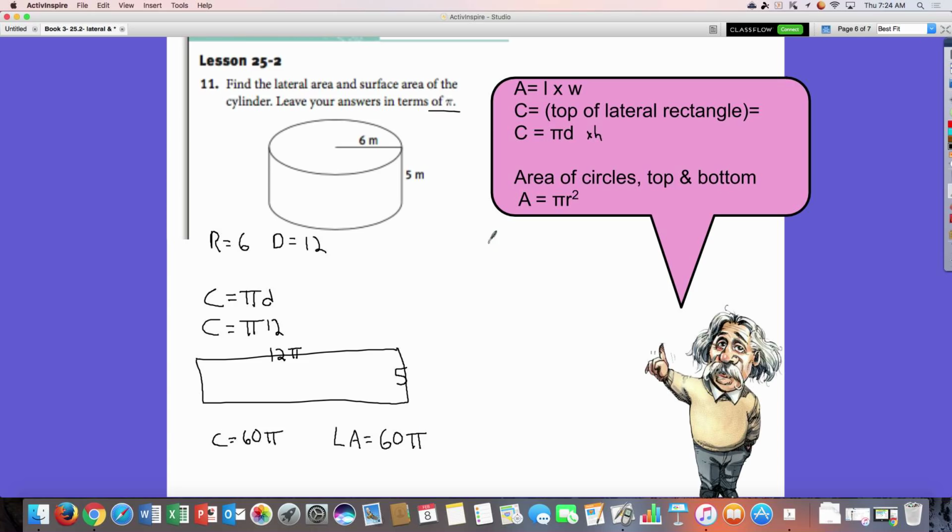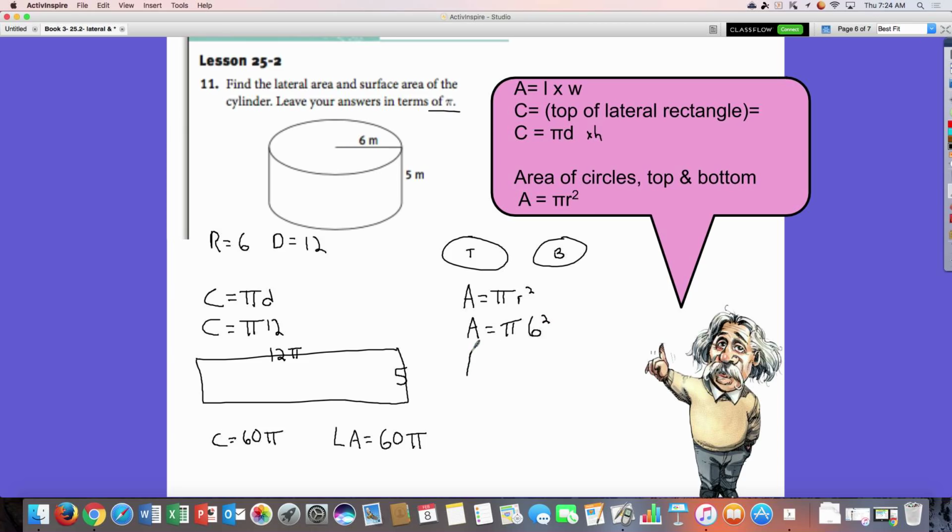But remember, we got those two circles, the top and the bottom, because they want to know the total surface, surface being the whole outside. We know our formula for area of a circle. Area equals, I love writing the formula down so I don't make a mistake, pi r squared. We know the radius is 6, so we've got 6 squared.